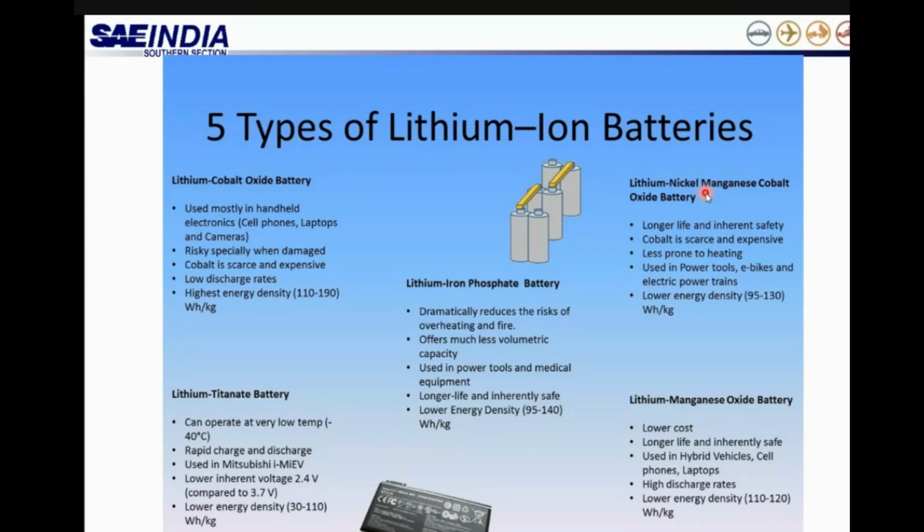NMC stands for nickel manganese cobalt oxide. Likewise, you also have LCO, lithium cobalt oxide batteries, LFP, that's lithium iron phosphate battery, LTO, lithium titanate oxide batteries, and LMO as well. So these are the five different types of lithium-ion chemistries that are widely used for automotive grade applications.